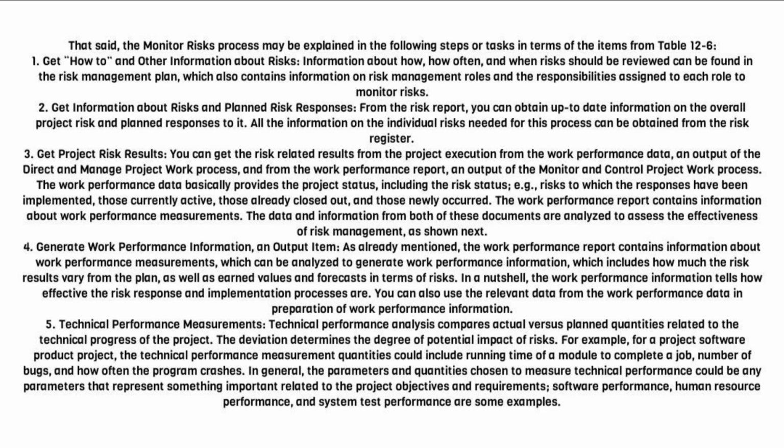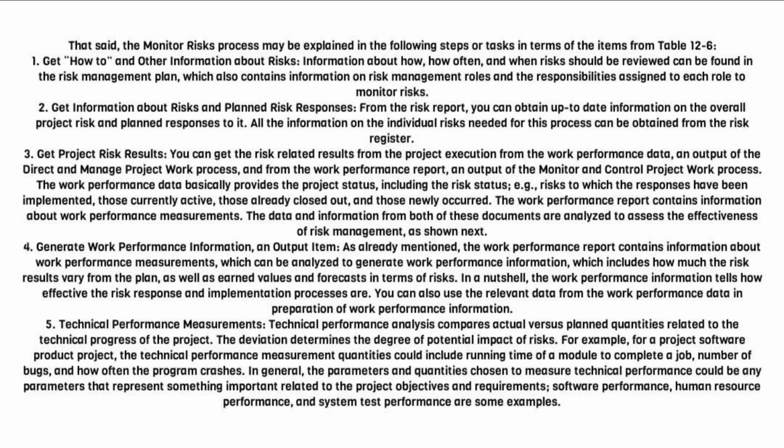The work performance report contains information about work performance measurements. The data and information from both of these documents are analyzed to assess the effectiveness of risk management, as shown next. 4. Generate work performance information, an output item.